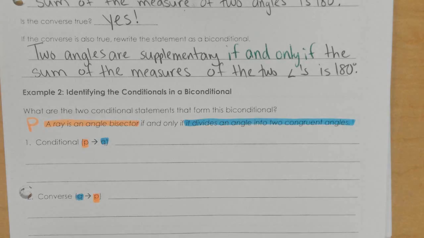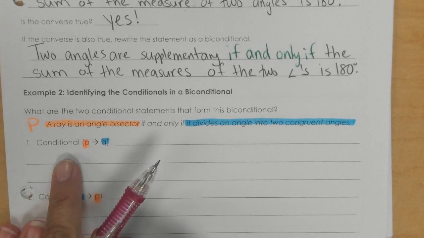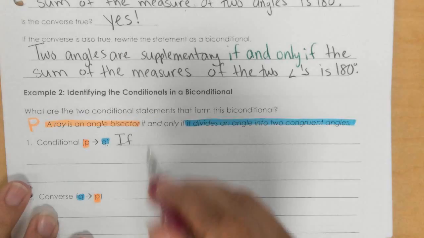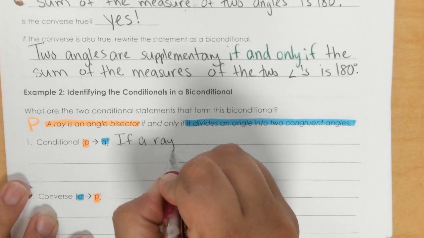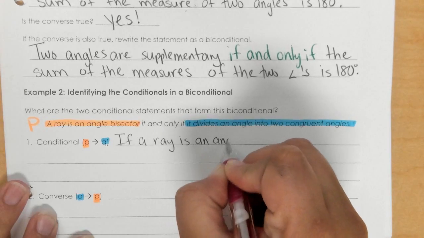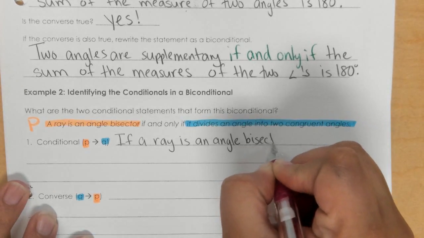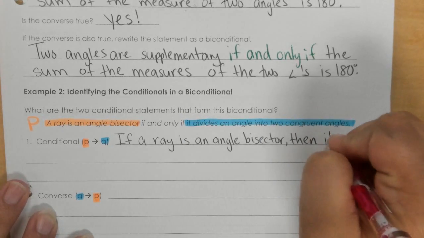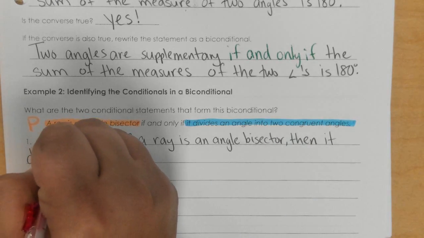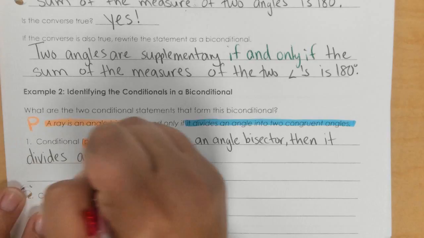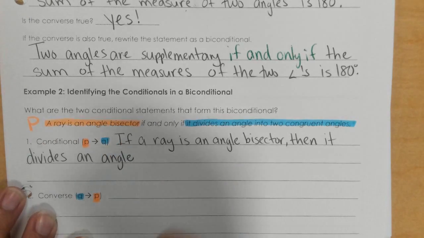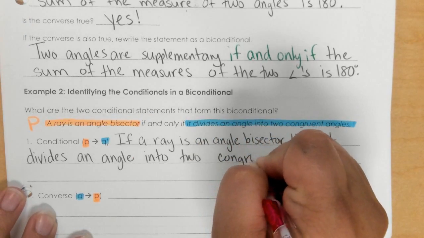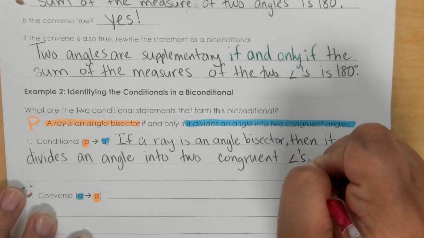Now I need to take this and write it as an if-then. For the if-then conditional, I'm going to say if a ray is an angle bisector, then my Q, it divides an angle into two congruent angles.